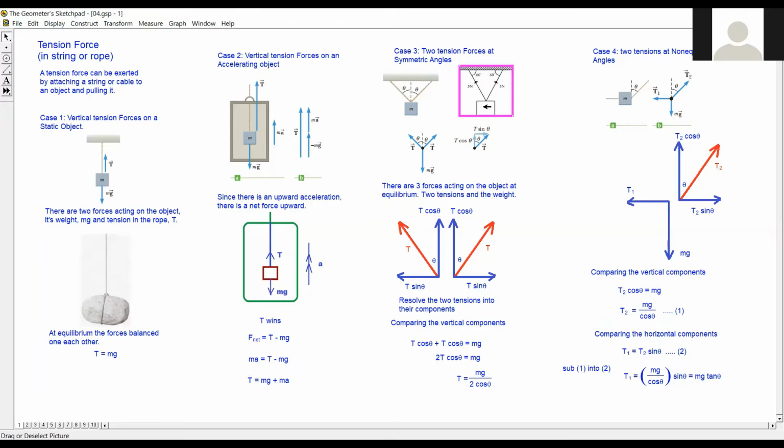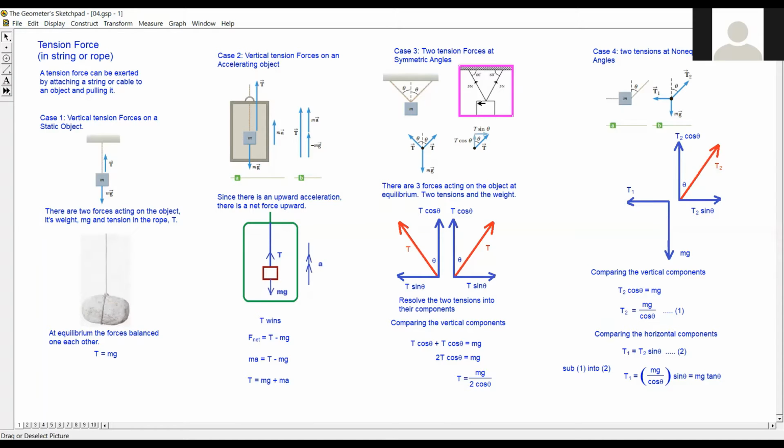So that means we have one string on the left hand side, another string on the right hand side. These 2 strings are at the same angle with the horizontal. They produce a symmetry. Okay, so by symmetry, the angles are the same. The forces are also the same. The 2 forces are the same.